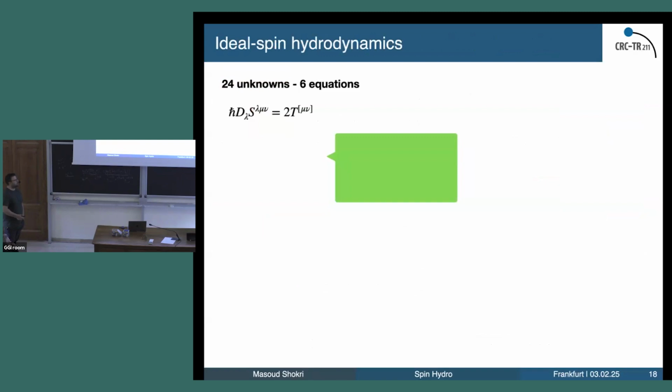Okay, this box is somehow lonely, but anyway, we have 24 unknowns here and only 6 equations, so we want to define something. First of all, on the other side, using the symmetries, we can write it in this way.